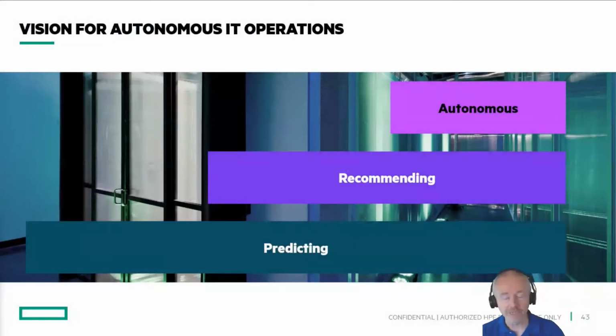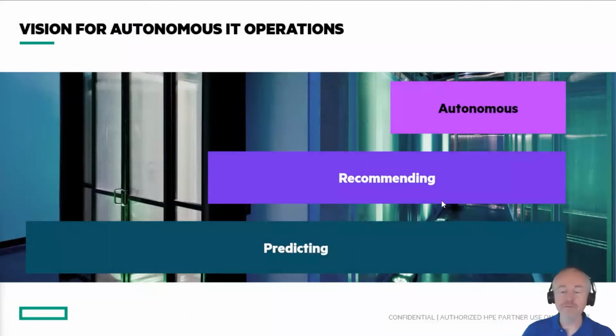And the vision for HPE on IT operations is, first of all, we need to predict that there will be a problem. If we know that there will be a problem, we're going to give you recommendations. By the way, we are today already recommending, but InfoSight is not finished.